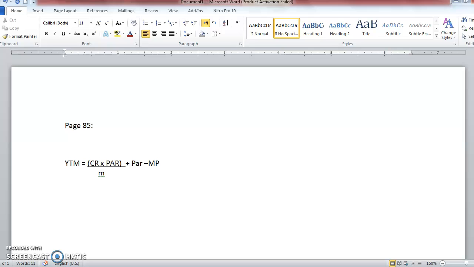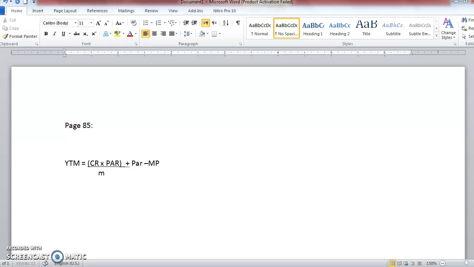MP is the market price. I'm changing this one to the M, caps lock.